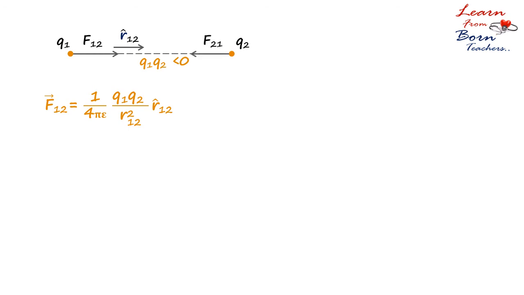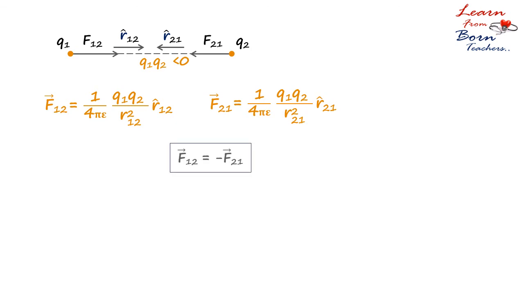And F21 is the force experienced by q2 due to q1. That is directed towards left. And the unit vector towards left is r21 cap. Then F21 is equal to 1 by 4 pi epsilon q1 q2 by r21 square into r21 cap. Again we will get these two forces are equal and opposite.